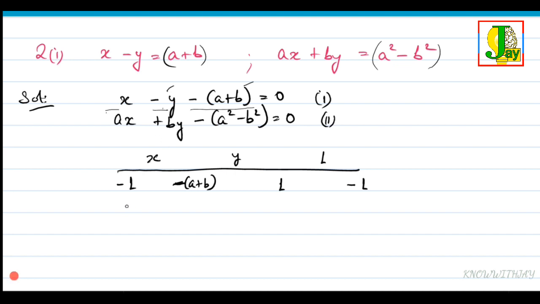So now we have written the coefficients of the first one, then the second one. Here we have b, then we have this whole thing. So we have b, minus of this, minus of a square minus b square, then we have a, and then we have again b.